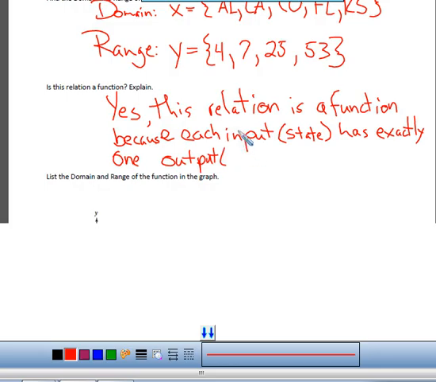And that is the number of representatives. Okay, so that is how you explain if something is a function, if every input has exactly one output.